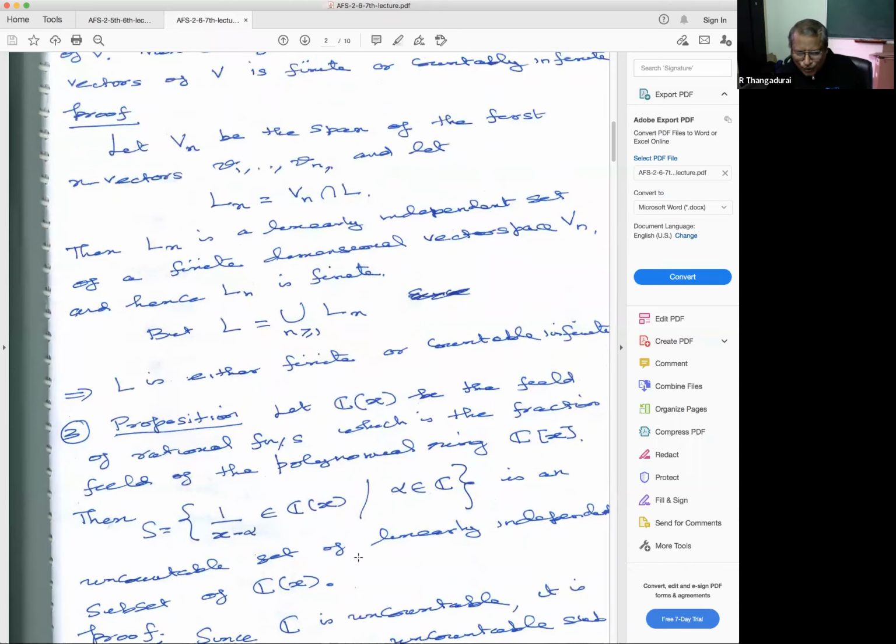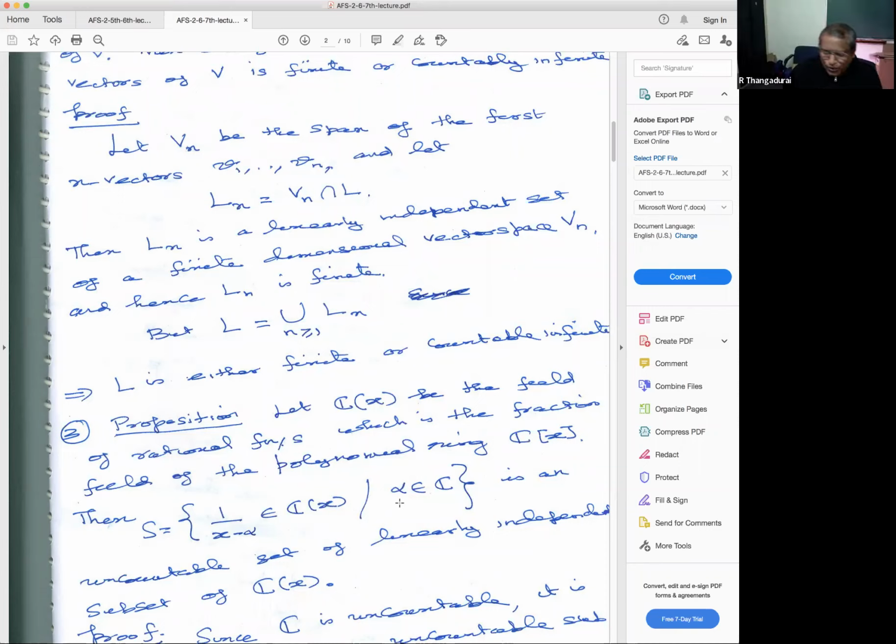What we want to prove is that this set is a linearly independent subset of the vector space C(x). If you want to prove an infinite set is linearly independent, what do you have to prove? An infinite set is linearly independent if all its finite subsets are linearly independent.